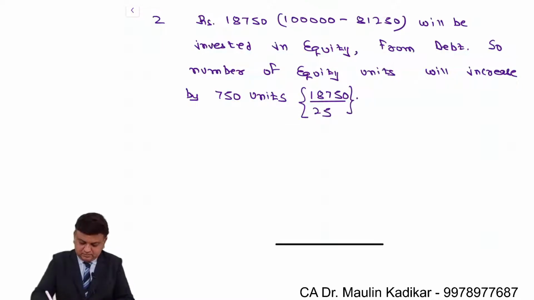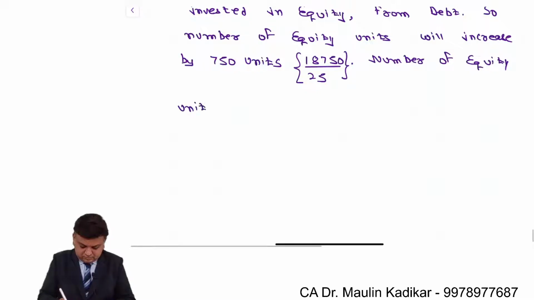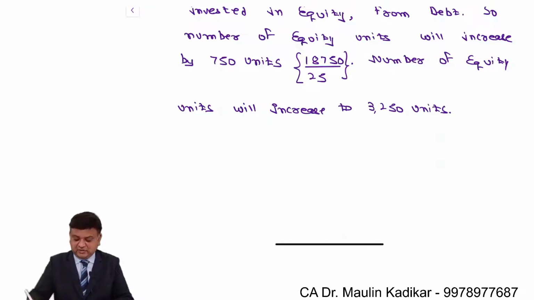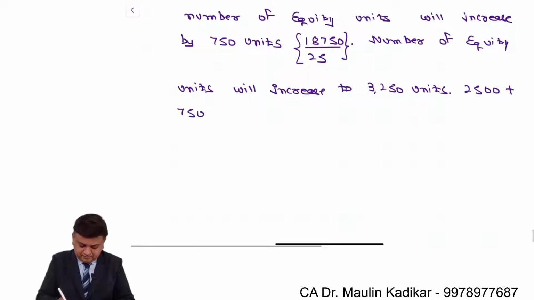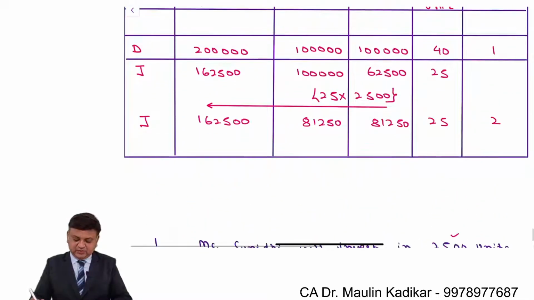The number of equity units will increase to 3250 units. How is this 3250 calculated? It is 2500 plus 750. That is the way the amount of the equity investment will increase.